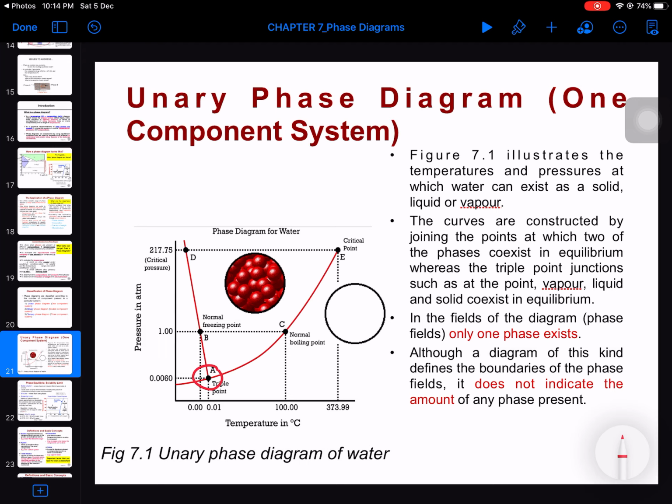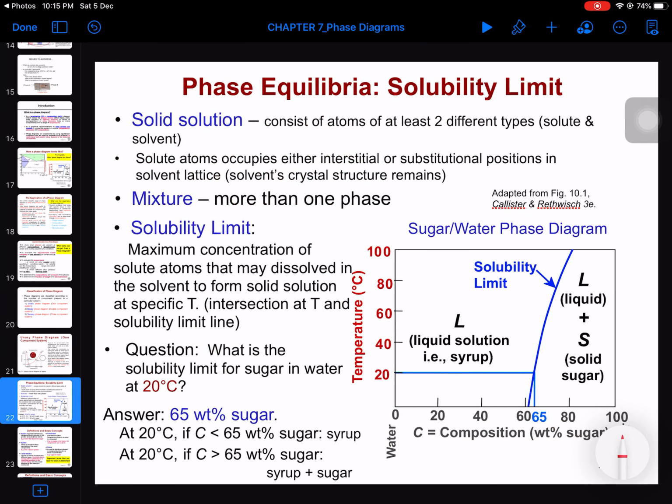In the fields of the diagram, there is only one phase, so it's either solid, liquid, or vapor. Although a diagram of this kind defines the boundary of the phase field, it does not indicate the amount of any phase present. So that's for the unary phase diagram.